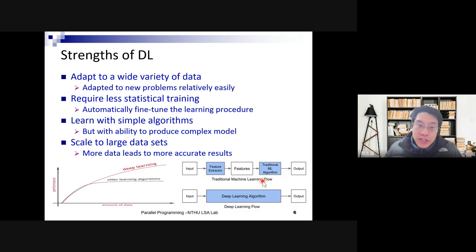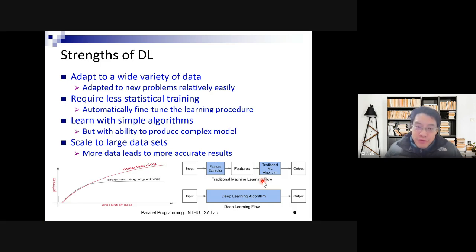Like we said, it can adapt to a very wide variety of data or problems, because anything that can be characterized by data, we can fit that data to train a deep learning model to solve the problem. So it can apply to potentially any application domain.